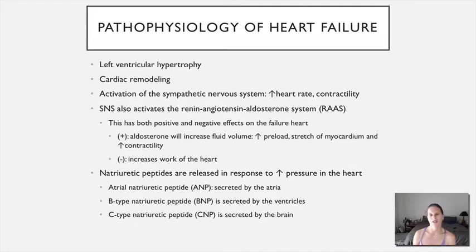So they'll start to die off, and fibrotic tissue will take over, be laid down in their place, in the spaces between those myocytes. And that, of course, is going to cause the myocardium or the ventricular wall to stiffen, and ultimately the contractility will decrease and the cardiac output will decrease.